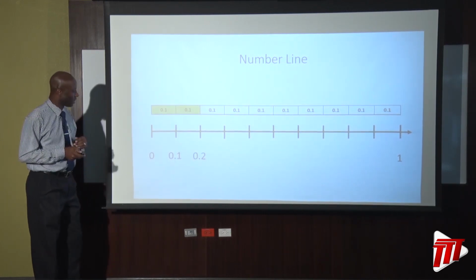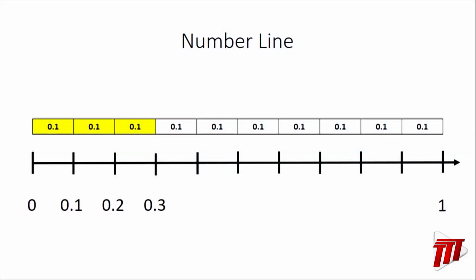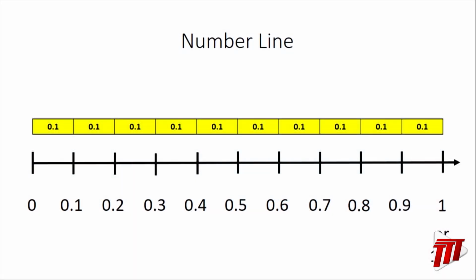We can represent 2/10 as well, 3/10, 4/10, 5/10, 6/10, 7/10, 8/10, 9/10, and 10/10, or 1 whole. Remember, when you see 1 represented in this form, it simply means we are dealing with a whole that has already been divided into 10 equal parts, and all 10 equal parts are being considered.